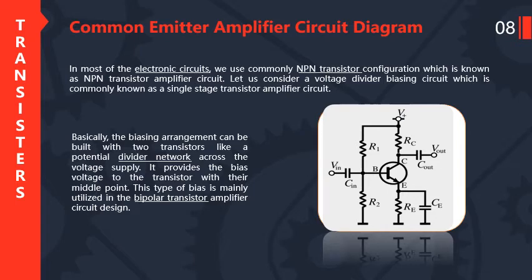So in this diagram, two resistors R1 and R2 are connected with the base terminal, RC is connected in series with the collector terminal, and RE is connected in series with the emitter terminal.